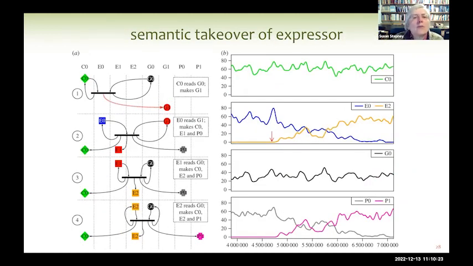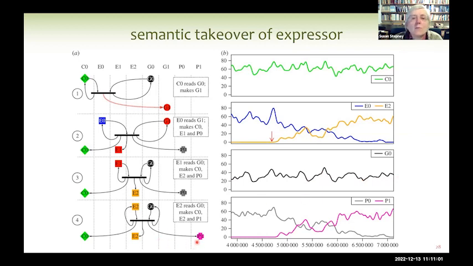Then we get something quite interesting happening. This is a different experiment. Again, we get the copier and the genome. The copier copies the genome, now makes an error on copy. This is a different error. So we've got a new genome. The expressor on this new genome gives a different expressor. This different expressor on the original genome gives yet another expressor, and that is then stable. So what we end up here with is the same copier, the same genome.